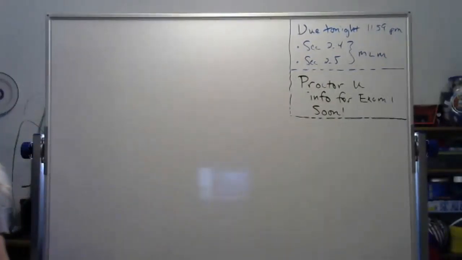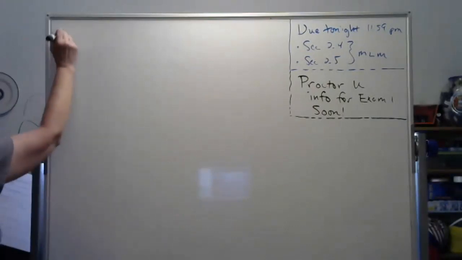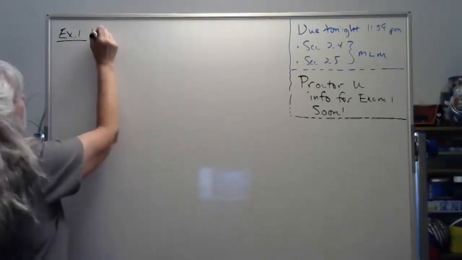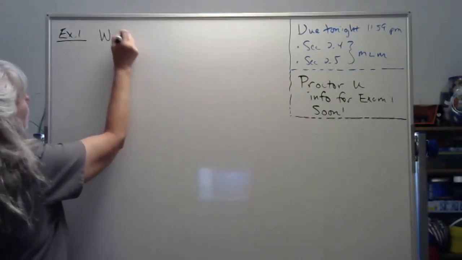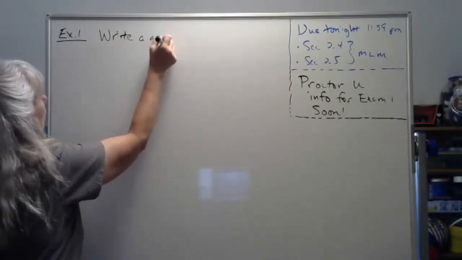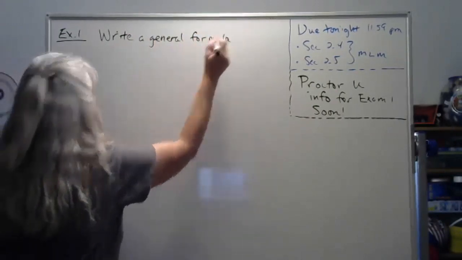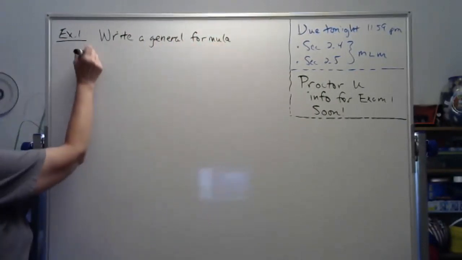So what the directions are going to say is to write, so this is example 1 on my handout. We're going to write a general formula to describe each variation.